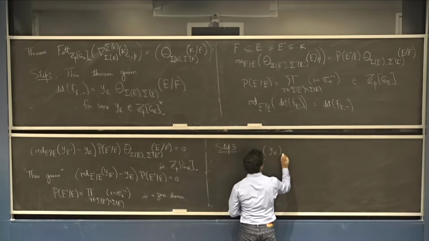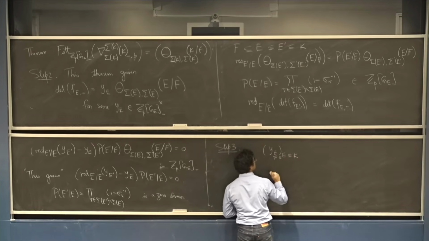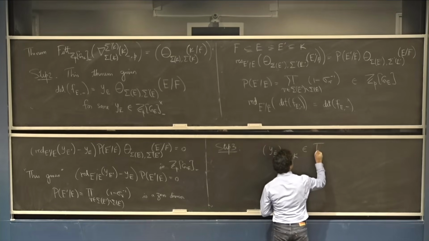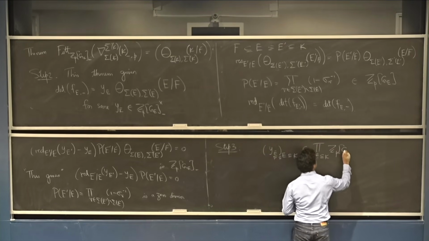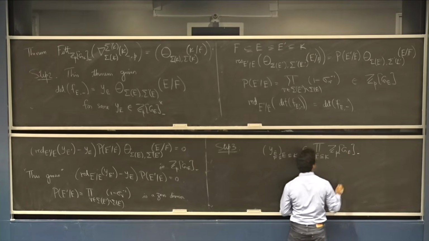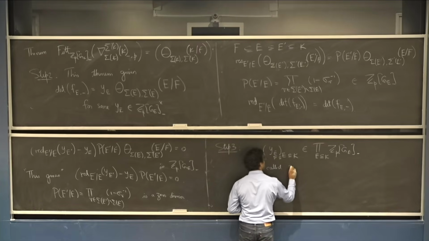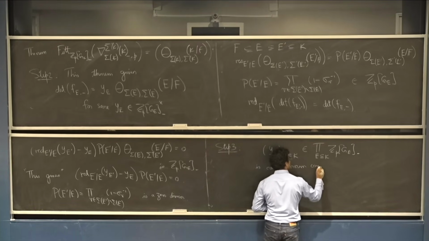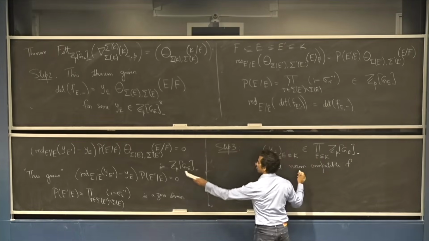So for E inside K, a CM field, an element of the product over E inside K of Z_p[G_E]^- is called norm compatible if it satisfies something like this.